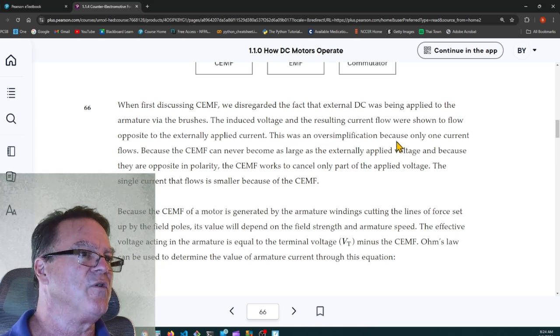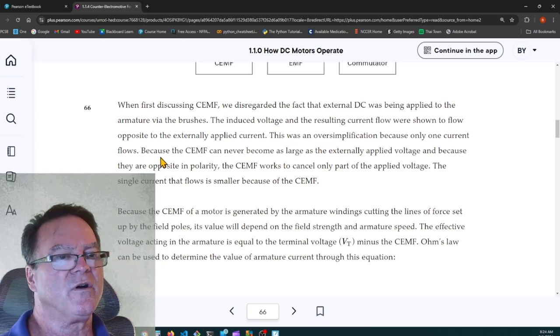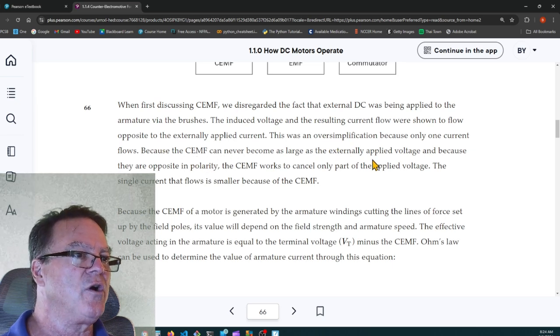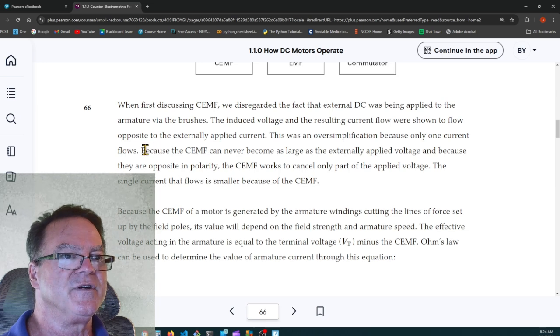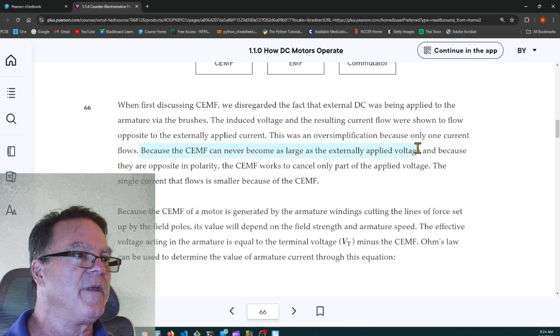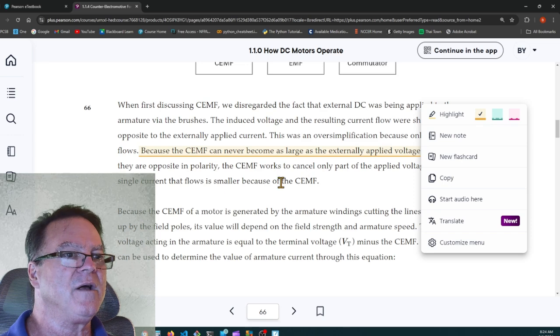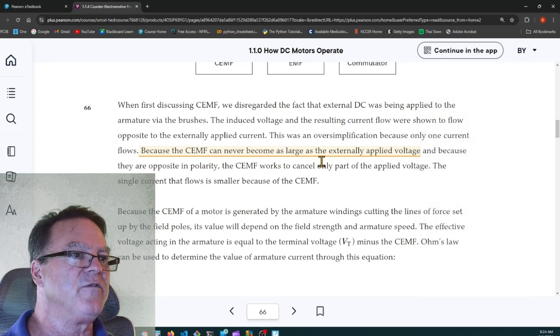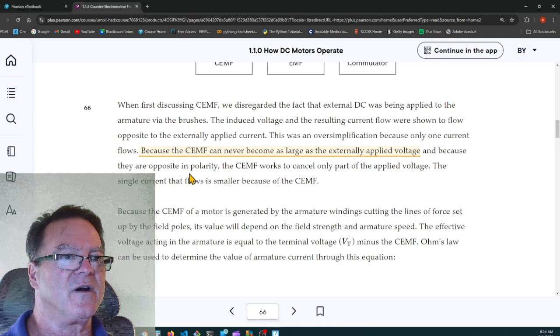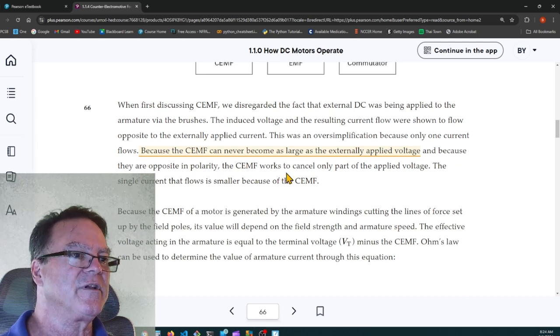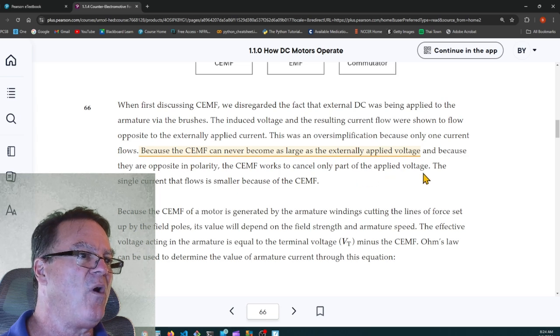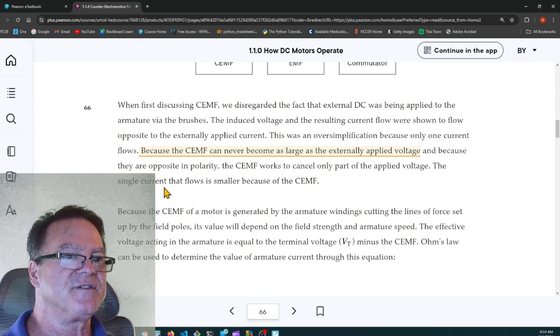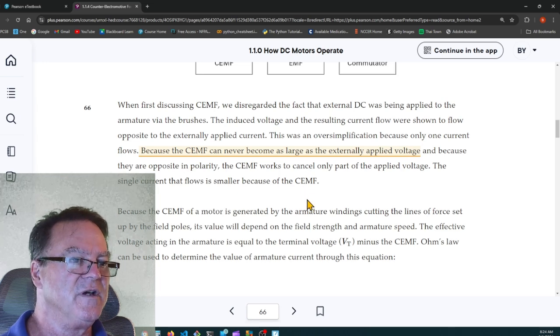This was an oversimplification, because only one current flows. Because the counter electromotive force can never become as large as the externally applied voltage, and because they are opposite in polarity, the counter electromotive force works to cancel only a part of the applied voltage. The single current that flows is smaller because of the counter electromotive force.